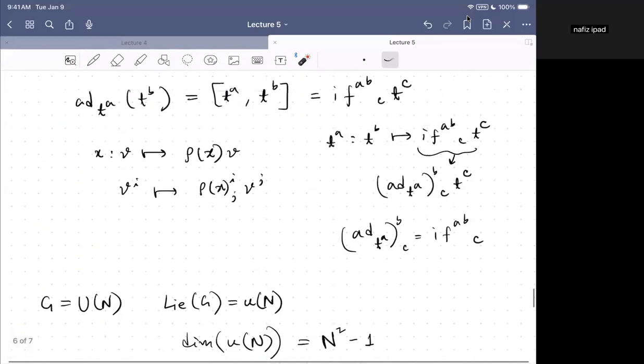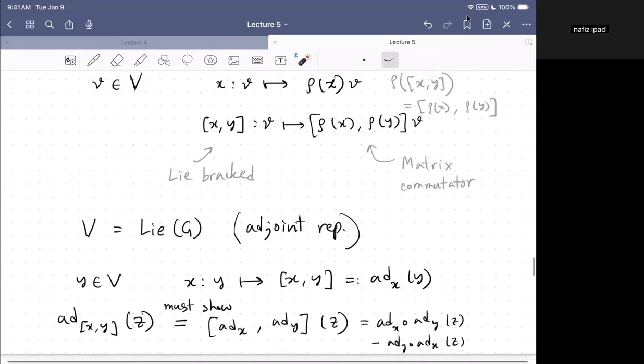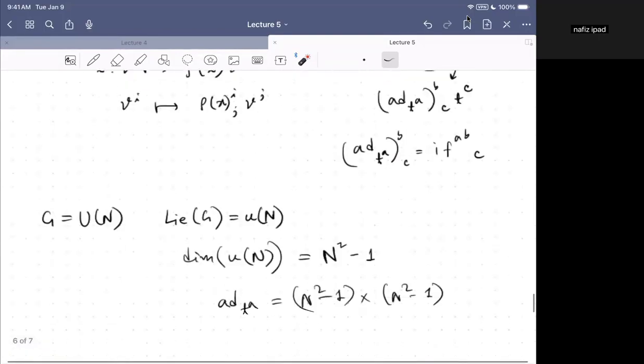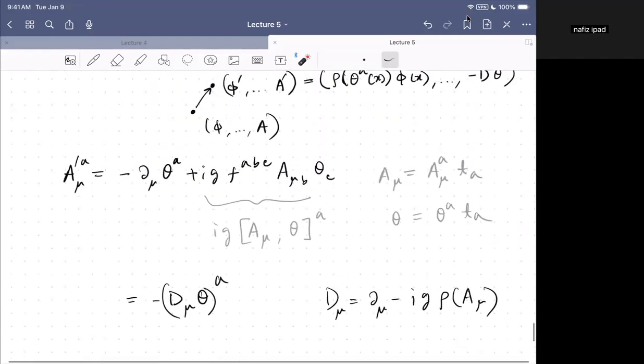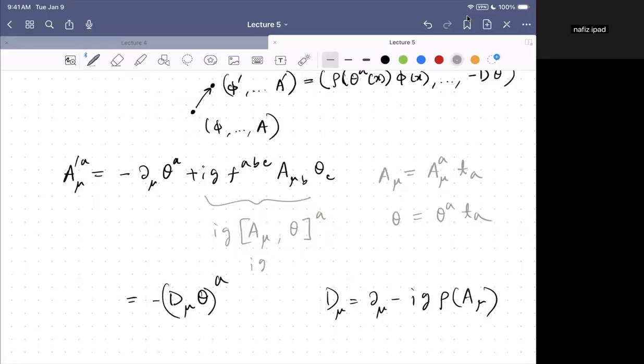So what does it tell you about the representation associated with theta? I mean, we just discussed that the action of something on a Lie algebra element by the Lie bracket is the adjoint representation, right? And that is exactly what we have. So basically, this is nothing but Ig adjoint of A mu acting on theta, and then we take that component. Okay, so this is the covariant derivative for the adjoint representation.